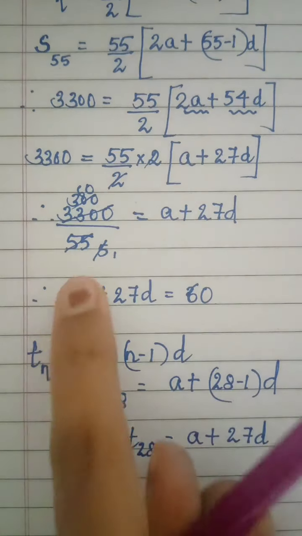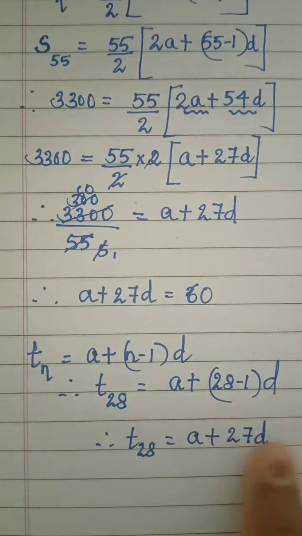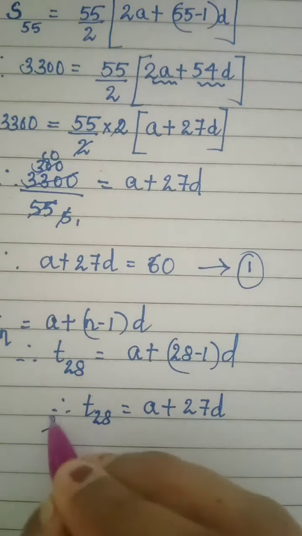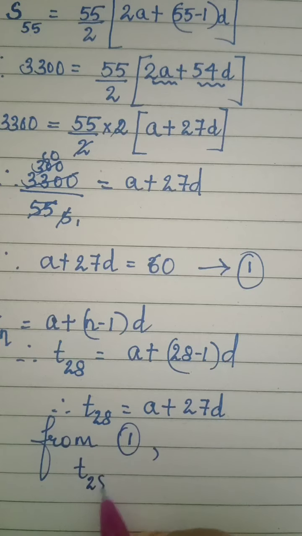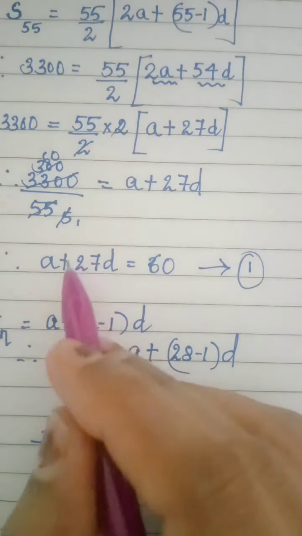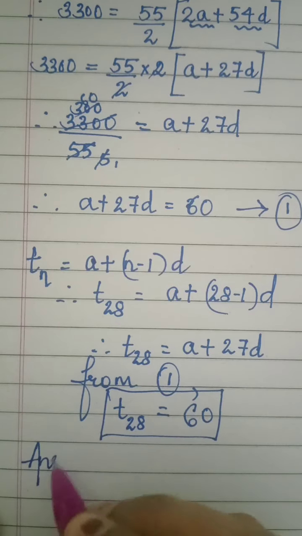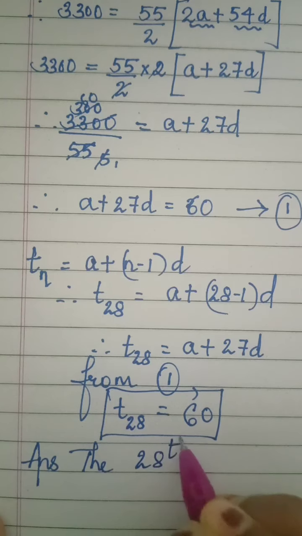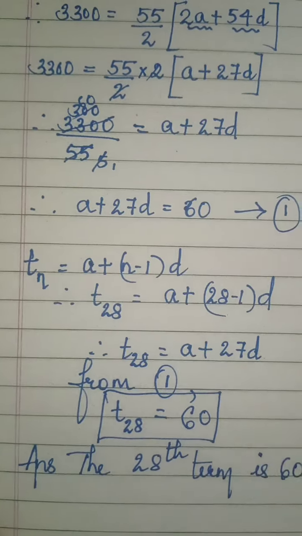We have seen this before. Just see. A plus 27d, we got 60. Put the value here. So, this we will give it as number 1. And here we'll write from 1. T28 is equal to, what is a plus 27d? It is 60. So the 28th term is also 60. Write the final answer. What is the 28th term? The 28th term is 60.